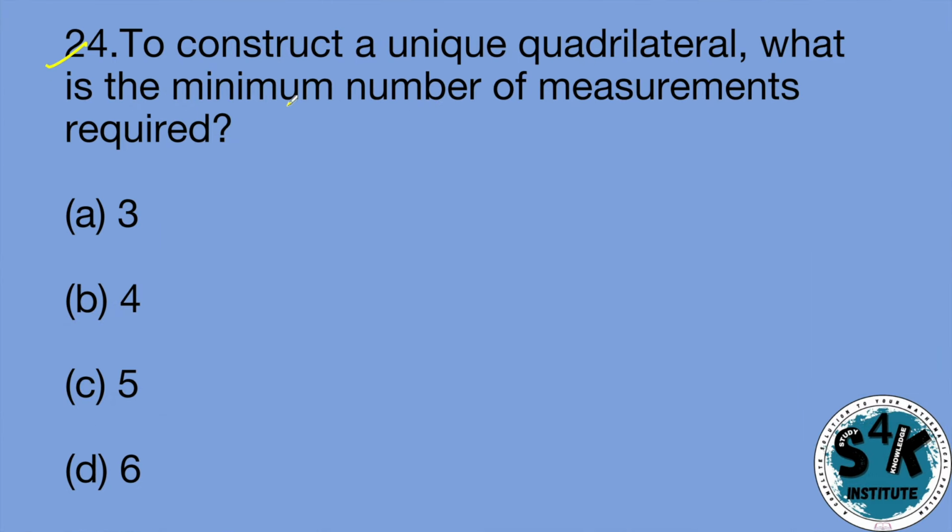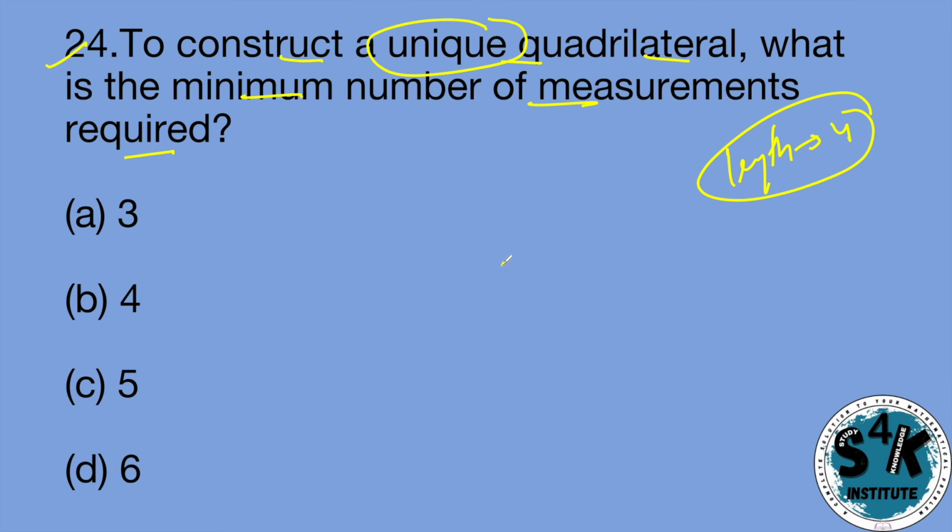Question number 24. To construct a unique quadrilateral, what is the minimum number of measurements required? Let's say you have all the four lengths. Obviously you need four lengths. So can we draw the quadrilateral with the four lengths if you need a unique quadrilateral? That has to be unique.